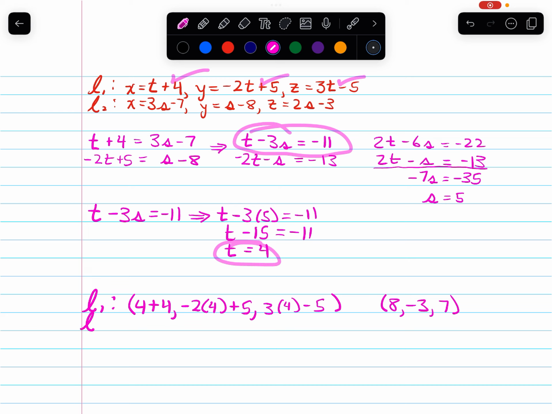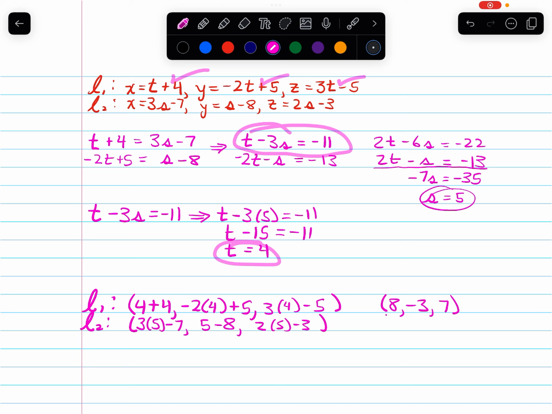Now, I can check out line 2. In line 2, I know the X and the Y are going to be the same, 8 and negative 3. What I don't know about is the Z. But here I go. This time, S is equal to 5. So we've got 3 times 5 minus 7, comma, 5 minus 8, comma, and 2 times 5 minus 3.